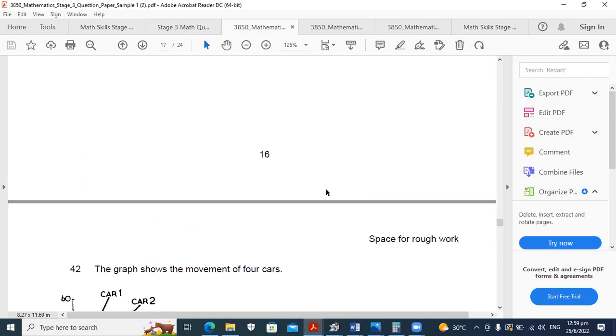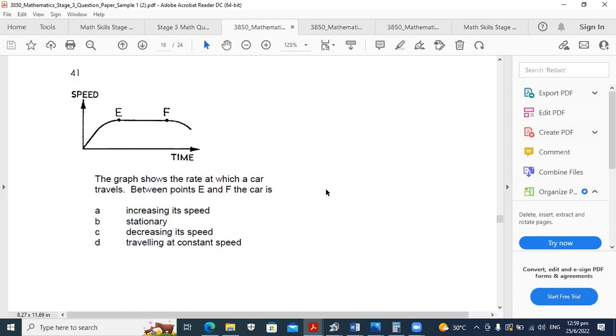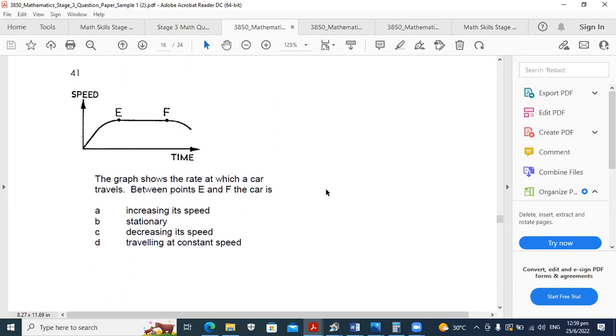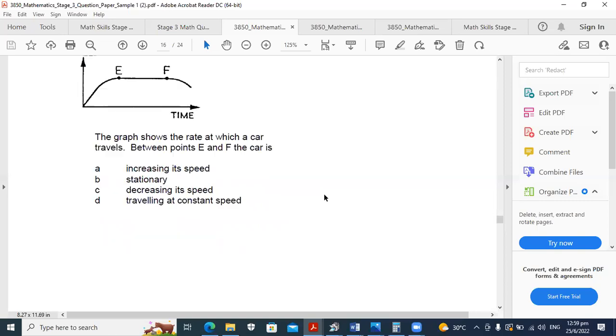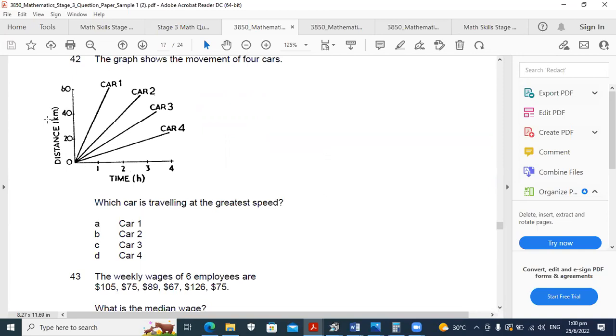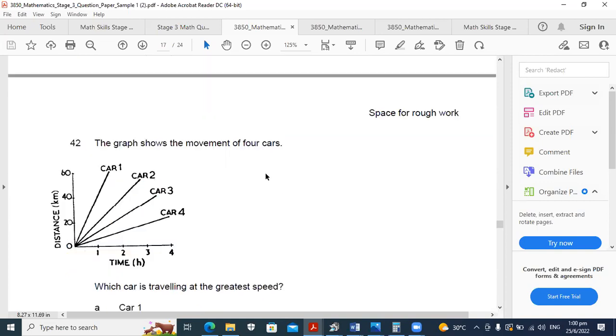All right. Here's another question. But wait, this question is different, because all that we have been looking at were distance and time.